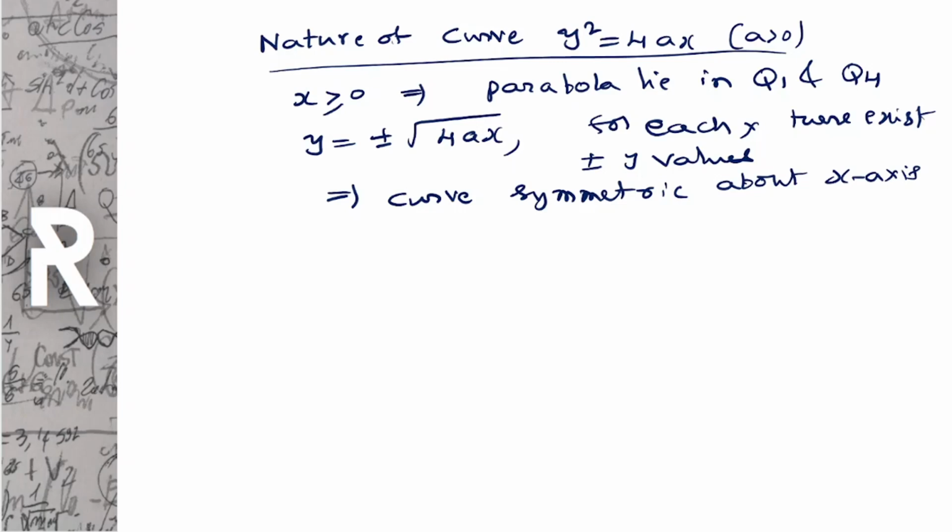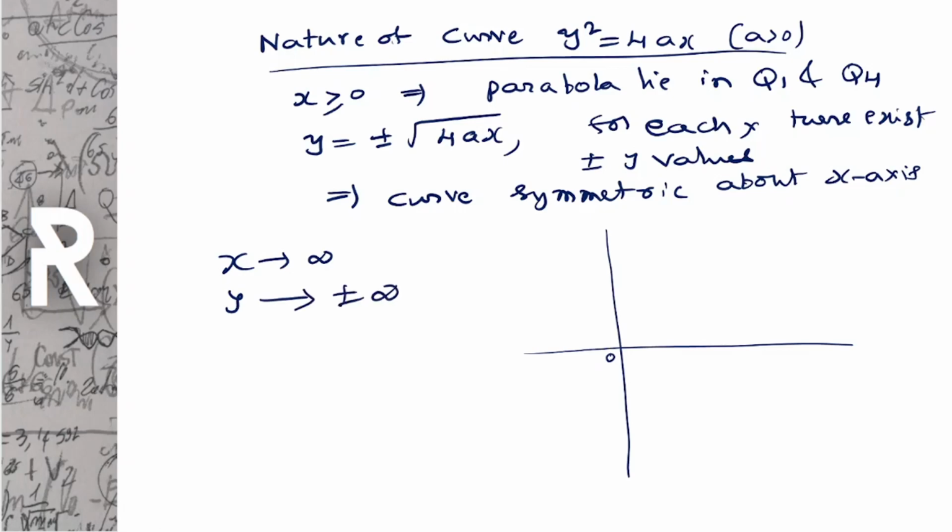As x tends to infinity, y tends to plus or minus infinity. That means one end goes like this, the other end goes like this. Therefore, clearly, the parabola is an open curve.